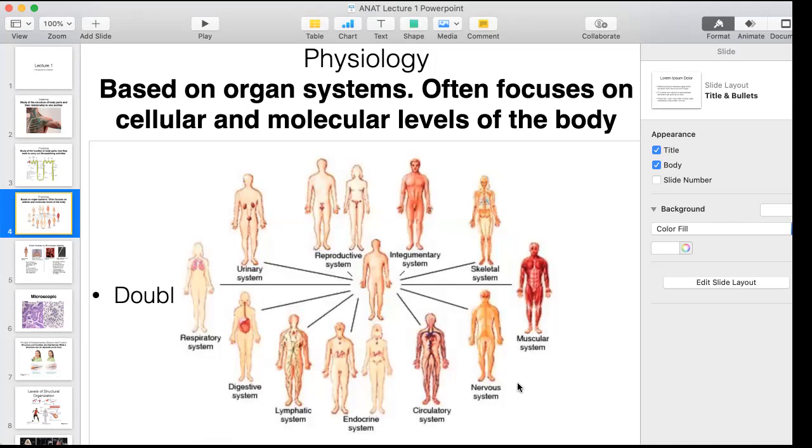So we talk about the skeletal system, the muscular system, nervous system. We focus mainly on what's called the organ system, which is all the organs in the body that work together in order to complete a common task.